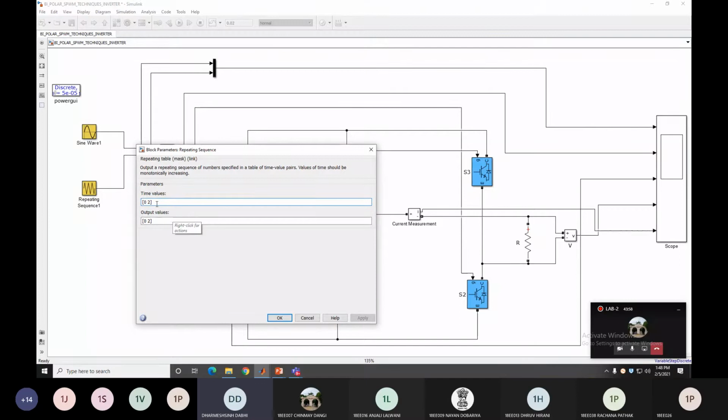All of you can see this repeating table block, yes or no? Okay, so here you write down the time. The first time is 0, and at that time the output value is also 0, because at the starting the magnitude of the triangle wave is 0.